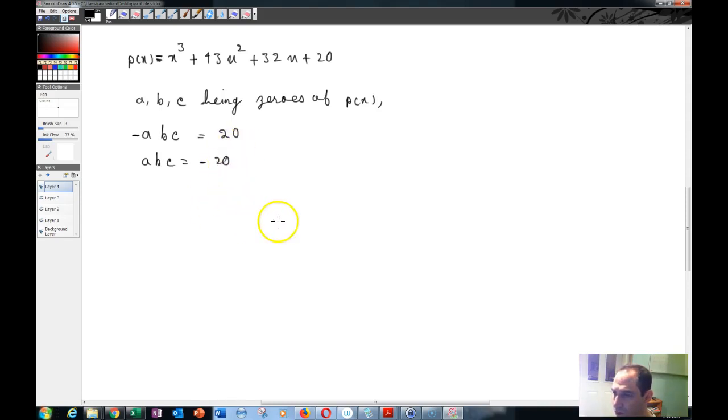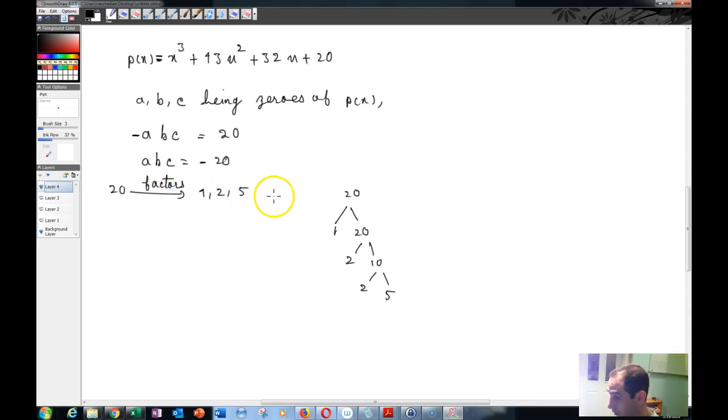So if you factorize 20, you will get 1 and 20, or 2 times 10, or 2 times 5. So all the different factors of 20 would be 1, 2, and 5.